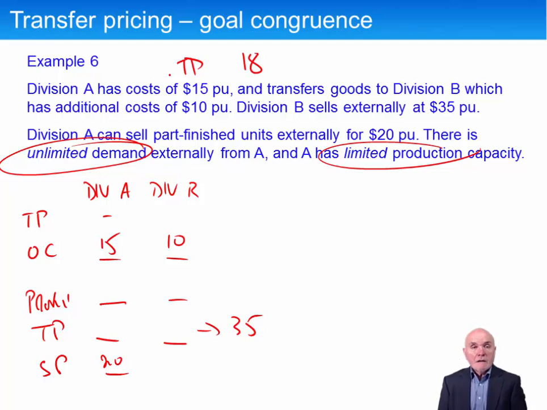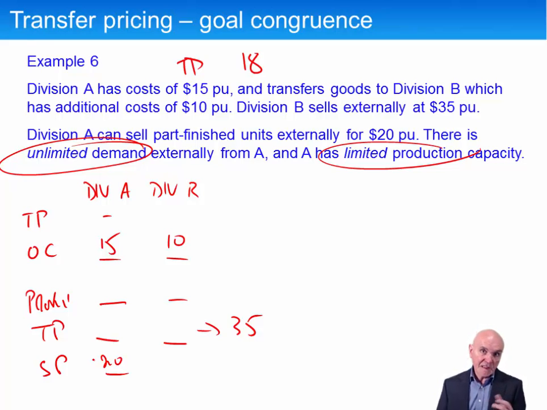So here you are the manager of A. You see I'm making something for 15. I can either sell that outside at 20, this outside selling price, or I can sell it up through the group at 18. You would choose to sell it outside at 20.